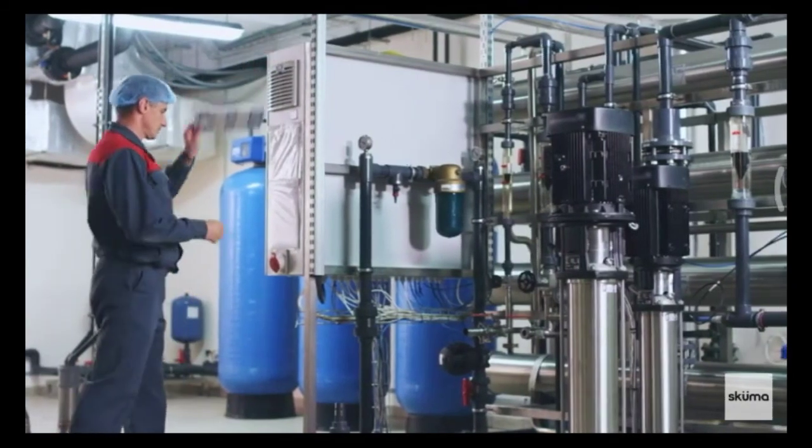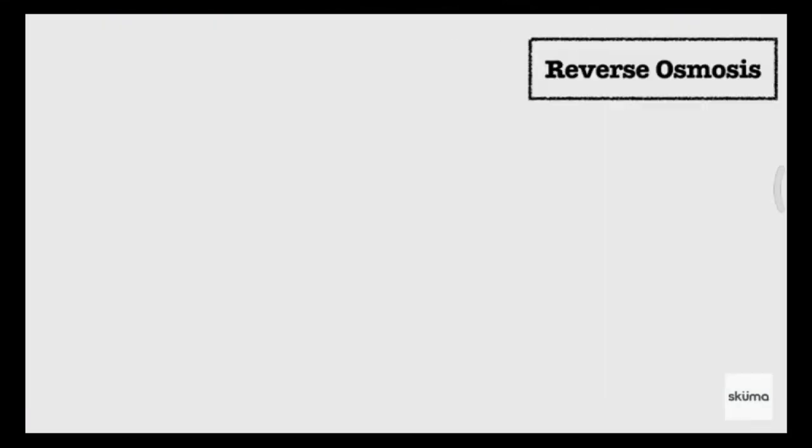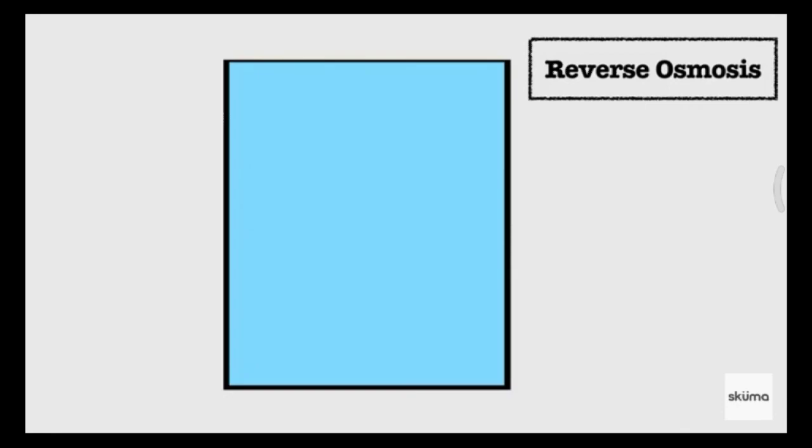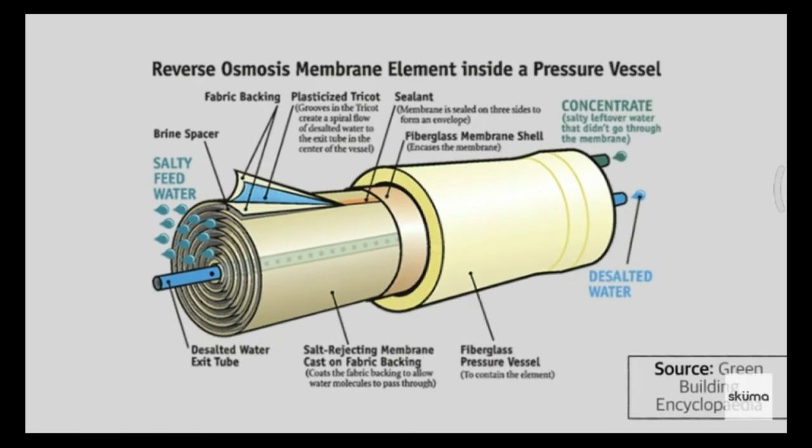Water is forced to seep from the salt water into the pure water through a membrane that is permeable to water but not to ions in seawater. Without sufficient pressure, water will spontaneously seep from pure water into salt water.